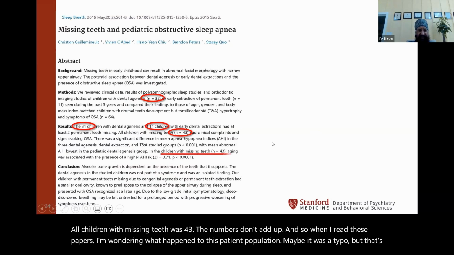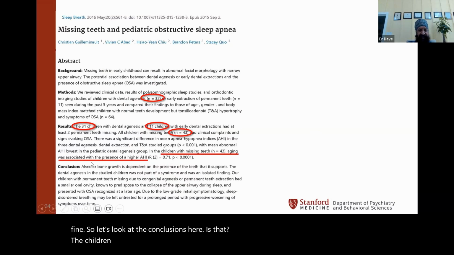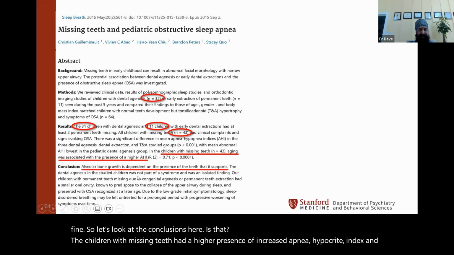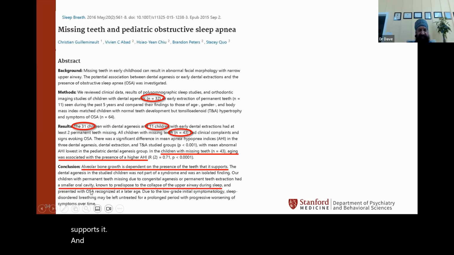So let's look at the conclusions here. The children with missing teeth had a higher presence of increased apnea-hypopnea index. The conclusion was that alveolar bone growth is dependent on the presence of teeth that support it, and that a smaller oral cavity is known to predispose to the collapse of the upper airway during sleep.